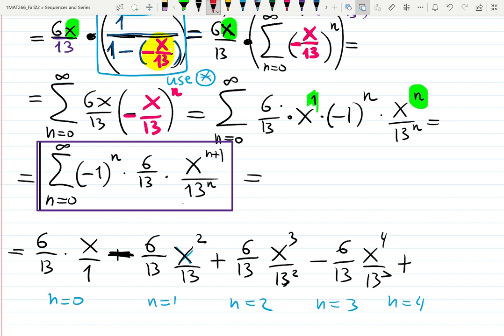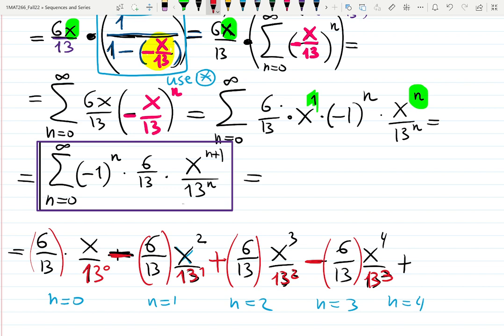Let's concentrate. The pattern is that 6 over 13 is always the same because it's a coefficient. It doesn't have any dependency on n. Then we have plus and minus, plus and minus, starting with plus. Then we have 13 to the 0, 13 to the 1, 13 to the 2, 13 to the 3.